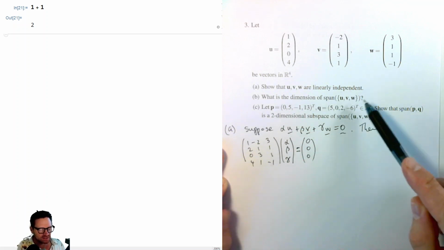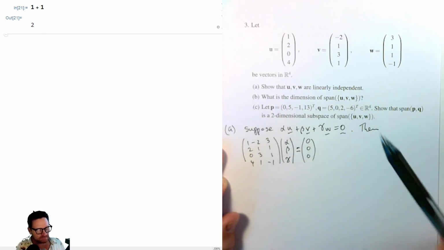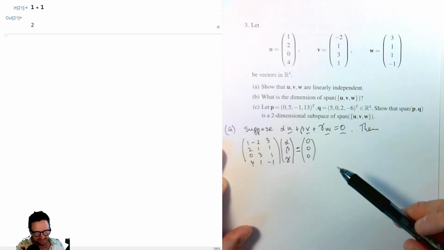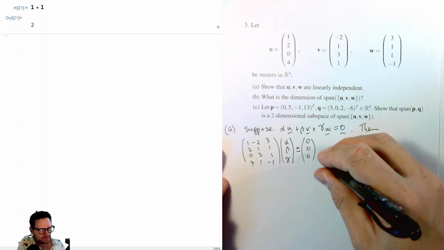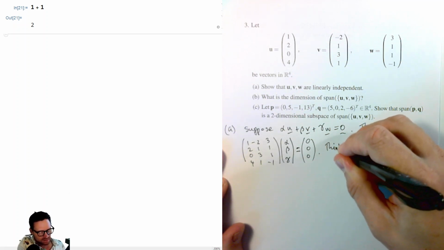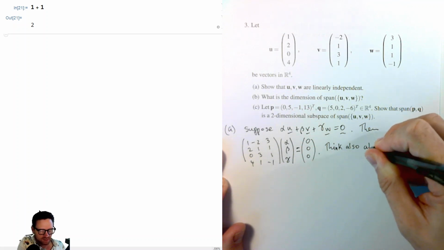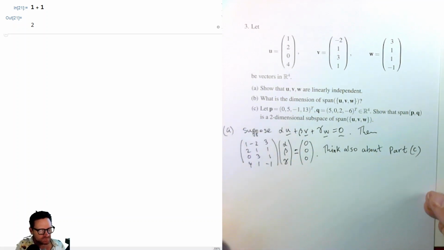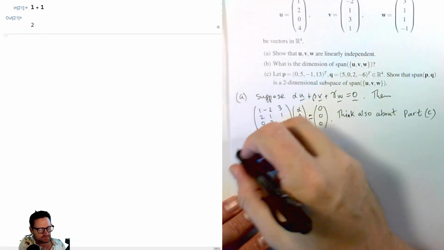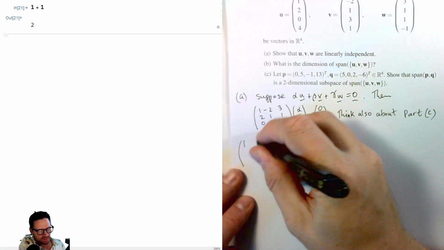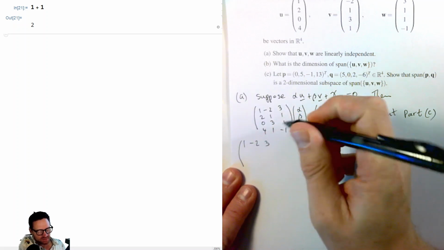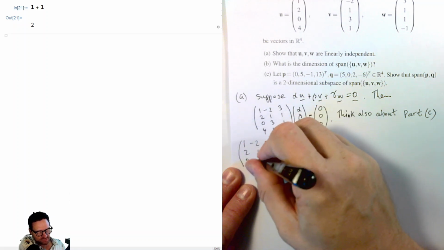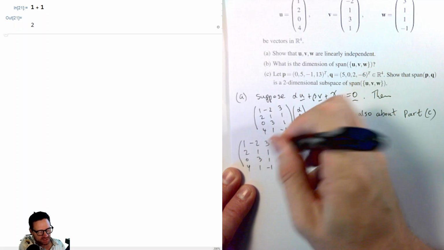But while we're at it, let's have a look at part C, because we can also do part C in our same row reduction. Okay, so thinking also about part C, let's form the matrix 1, minus 2, 3, 2, 1, 1, 0, 3, 1, 4, 1, minus 1.